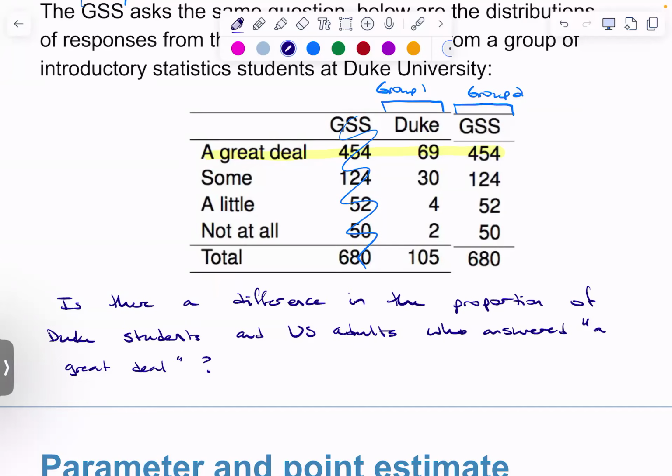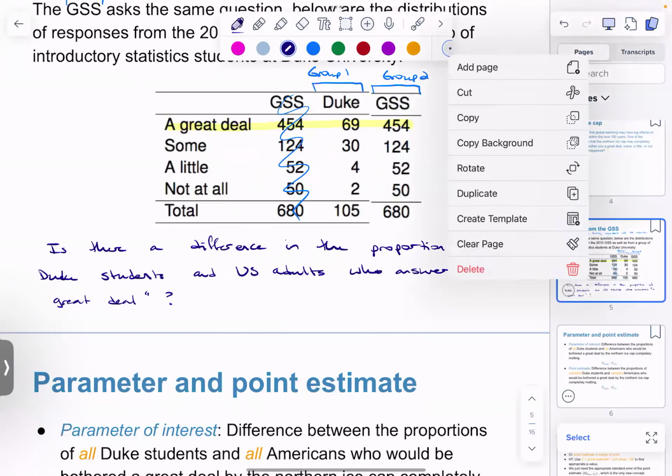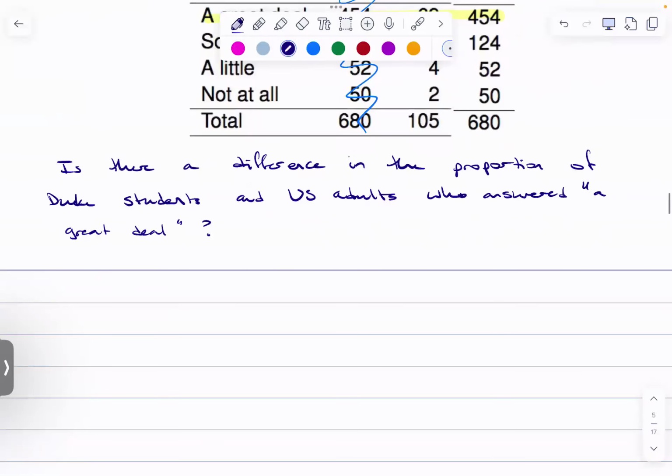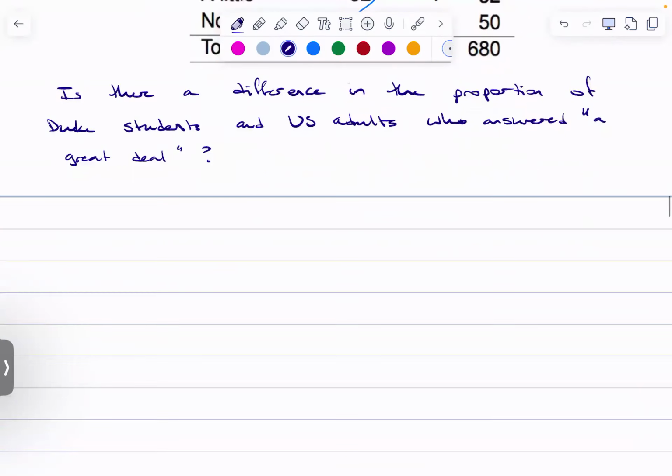Should I just do it on my own? We can answer this question using a confidence interval and/or a hypothesis test.